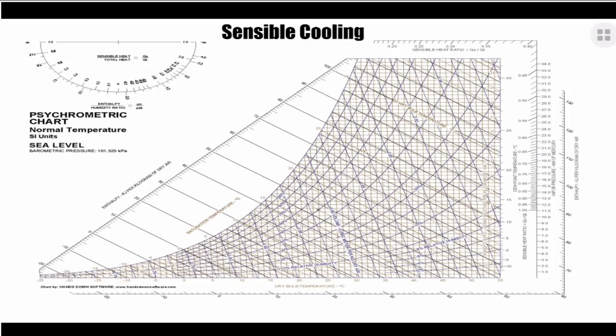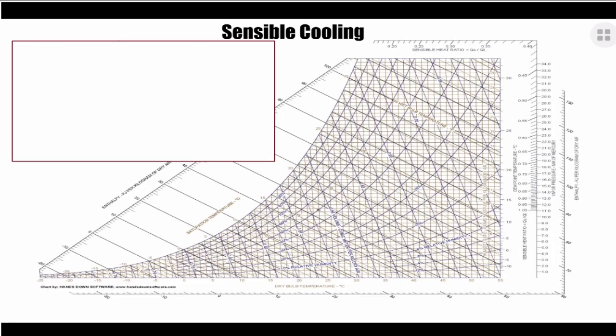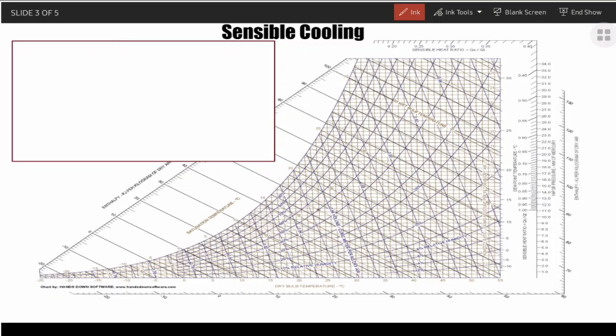So since we will not be using the upper left side, which is the protractor, I'll be covering this. So for instance, we have a system. Okay, we draw that. This is point 1. This is point 2.